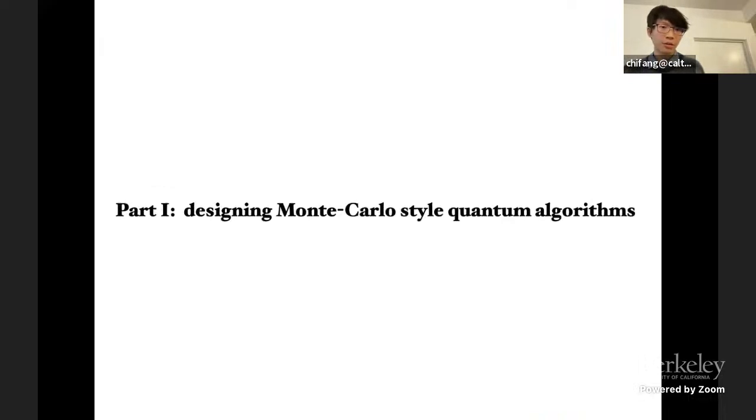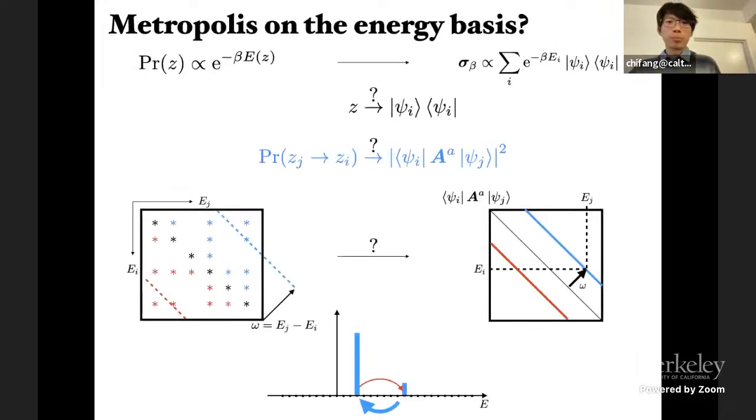Now let's dive into the first part of how you go about designing such an algorithm. People have been trying this for a long time. One thing you can do is, maybe I can just do Metropolis on an energy basis. That's a reasonable try.